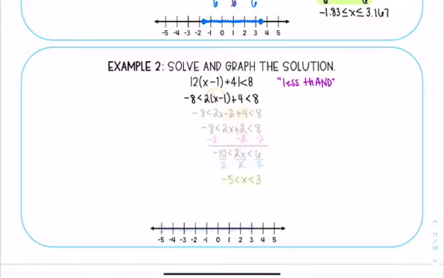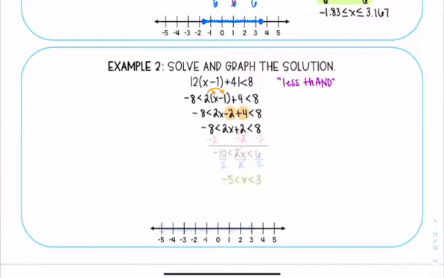We want to make sure that we distribute the 2 to both pieces. We've got negative 8 is less than 2x minus 2 plus 4, which is less than 8. We have some like terms we can combine in the middle before we start solving for x. Negative 8 is less than 2x plus 2, which is less than 8.